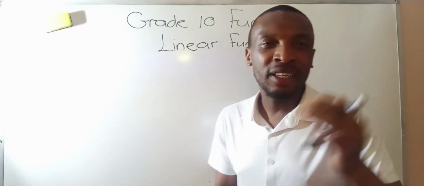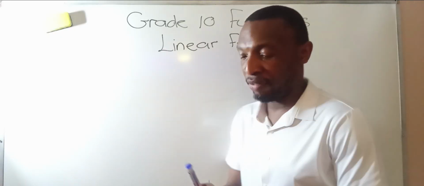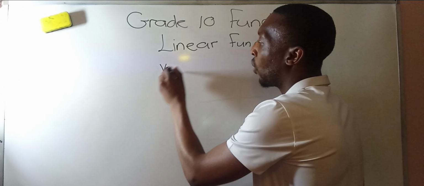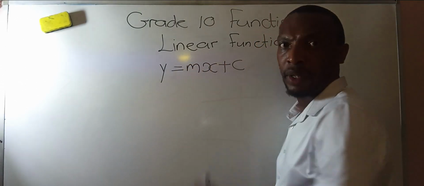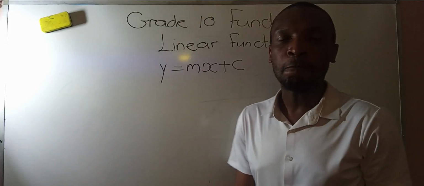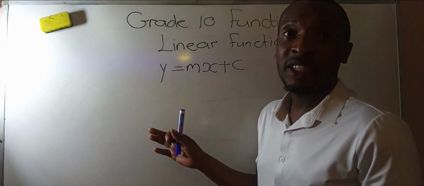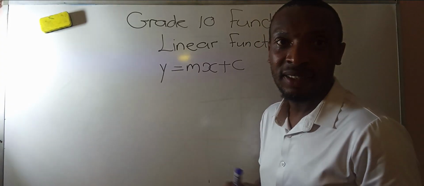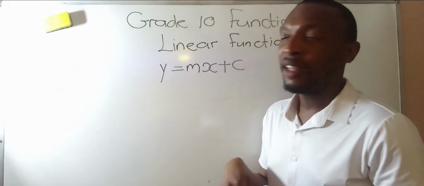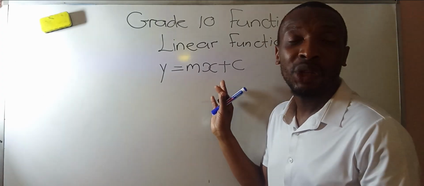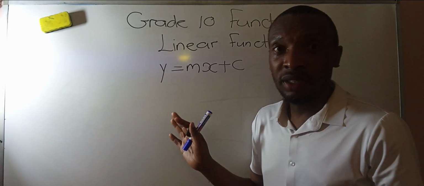So what is the general equation of a linear function? It is y is equal to mx plus c, right? And remember various textbooks could use different letters. These are variables, they are letters. So if you see P's and Q's there, do not panic.